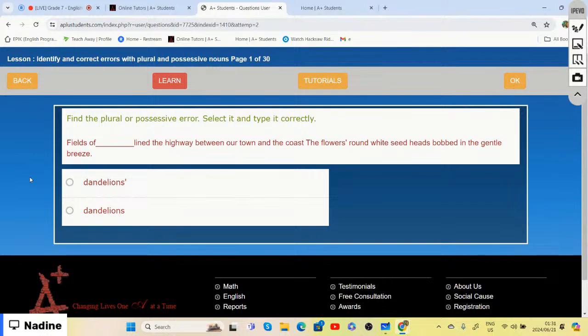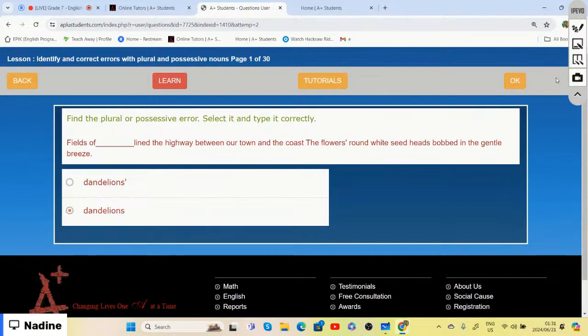So is it option one or option two? Which one is the correct one? Fields of dandelions. All right, so we will say option two, right?